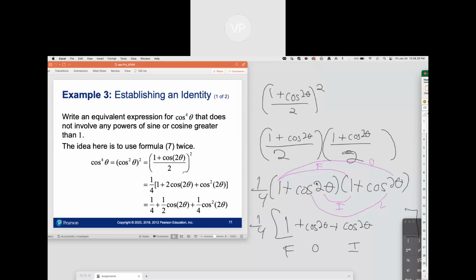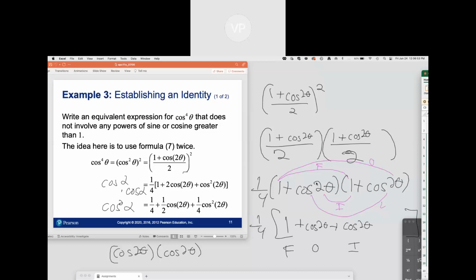This is where people start to make up their own rules. And this is where I want you to stop and realize what's going on. I have cosine 2 theta times cosine 2 theta. Now remember, if I had cosine alpha times cosine alpha, the actual written way is cosine square, same angle. Alpha, alpha, it doesn't become an alpha squared, it doesn't become a 2 alpha.